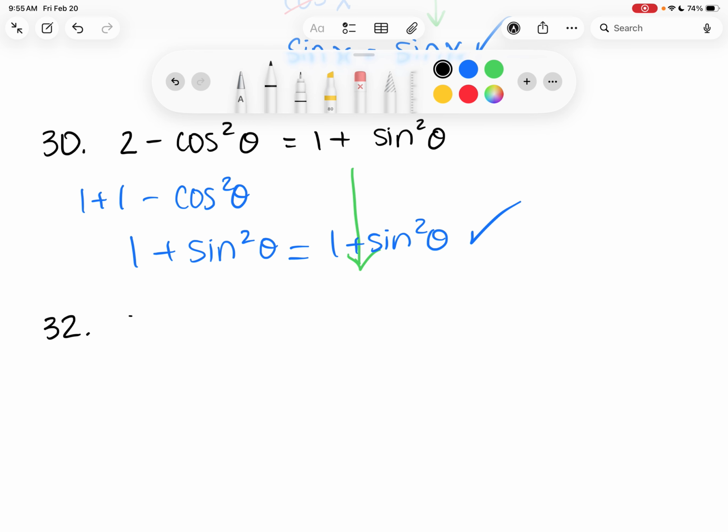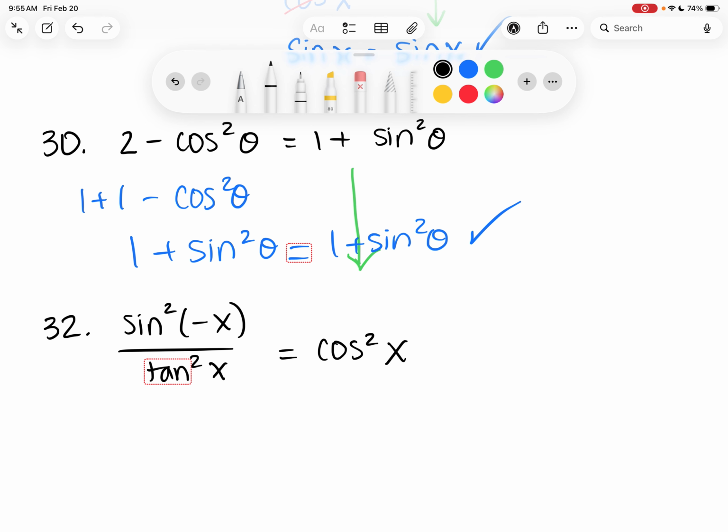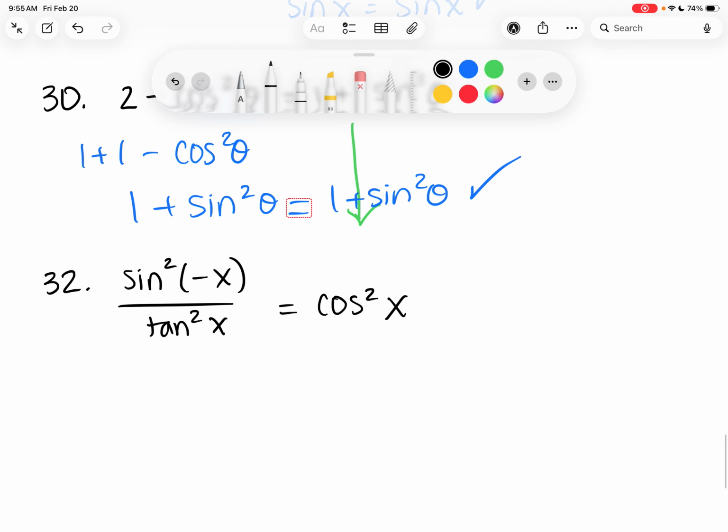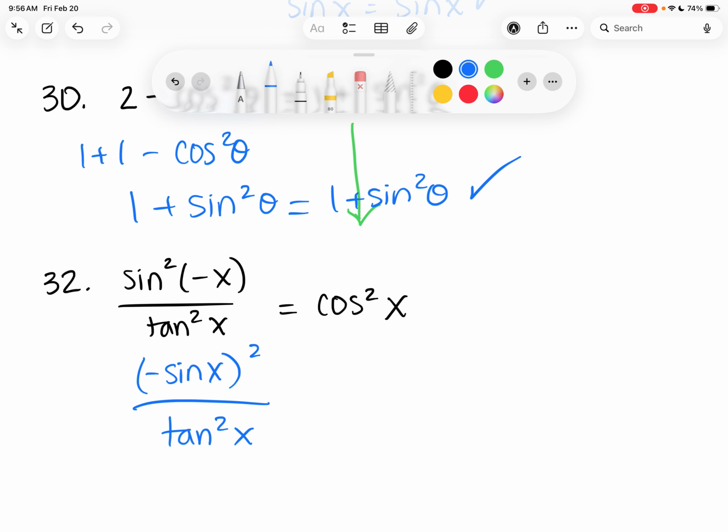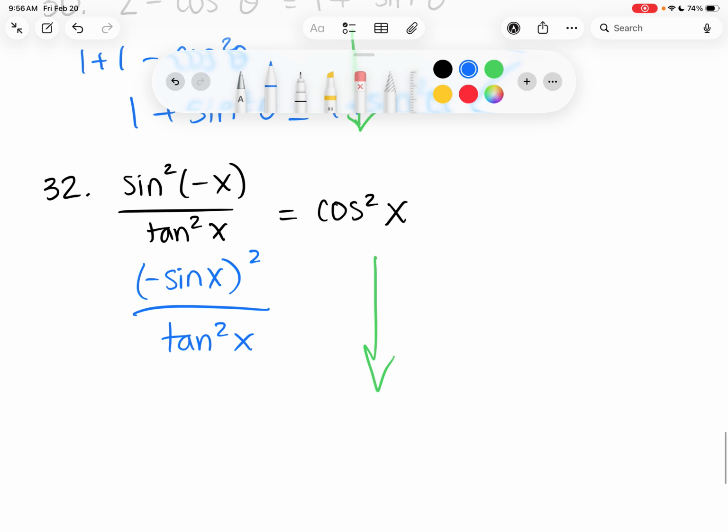32. Sine squared of minus x over tangent squared of x is equal to cosine squared of x. So what is the sine of minus x? Negative sine x. But that's all squared. So what happens to this over here?